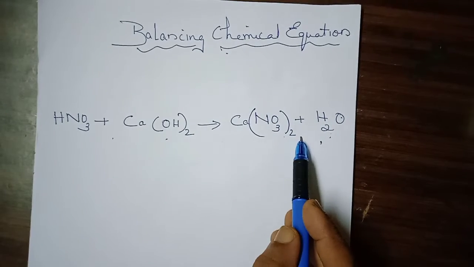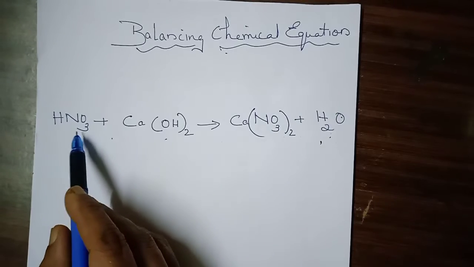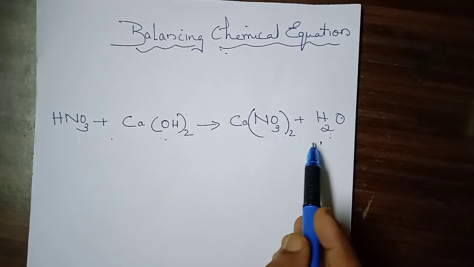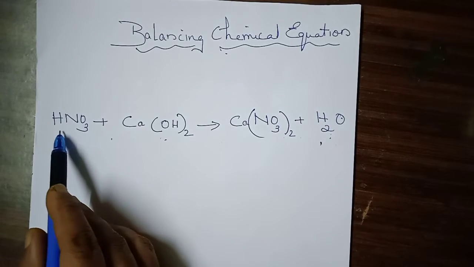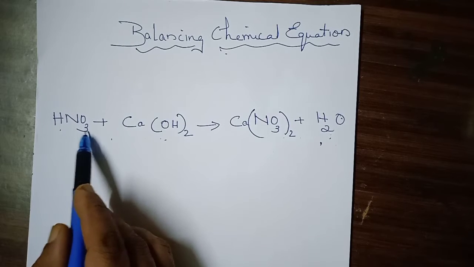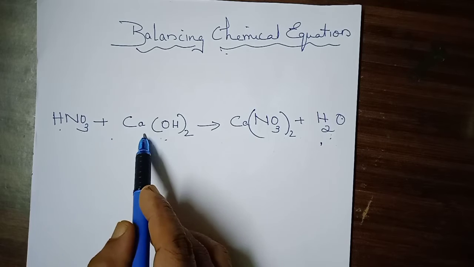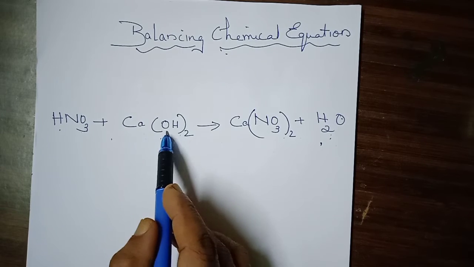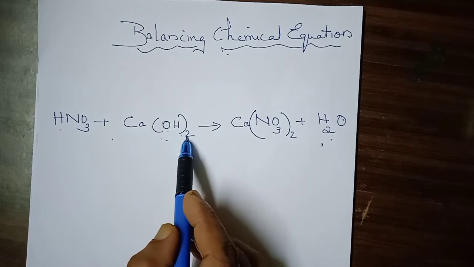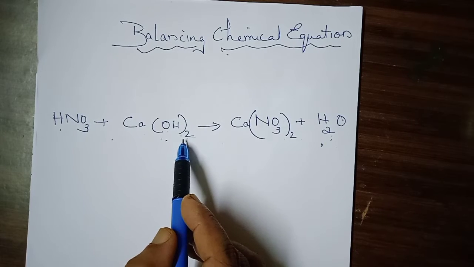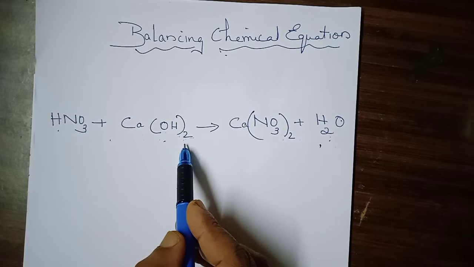Now, before balancing, let us first read out the compounds here. First, this is HNO3, that is nitric acid, which reacts with calcium hydroxide, Ca(OH)2. Now you can see this 2 here. I hope you have learned how to write the molecular formula. If not, I will be taking that in the next class.